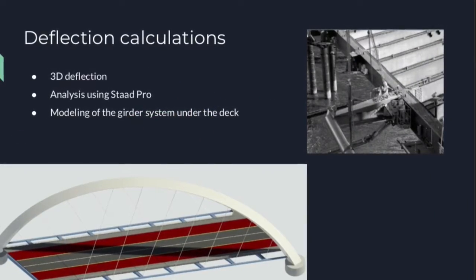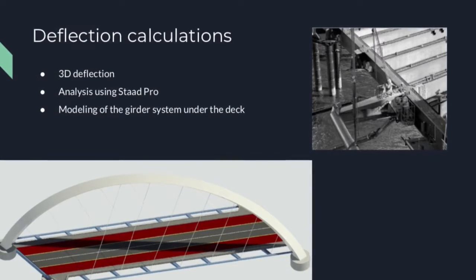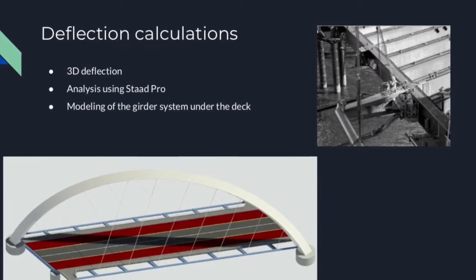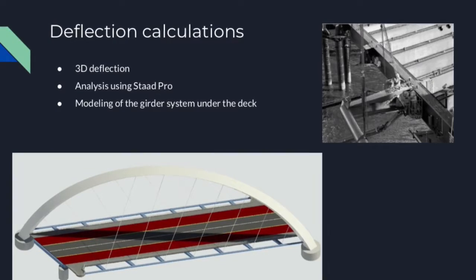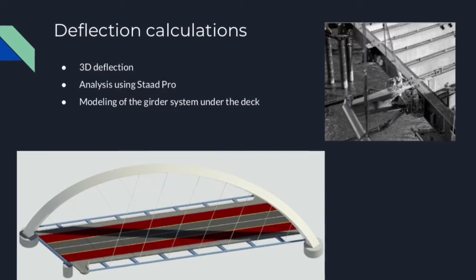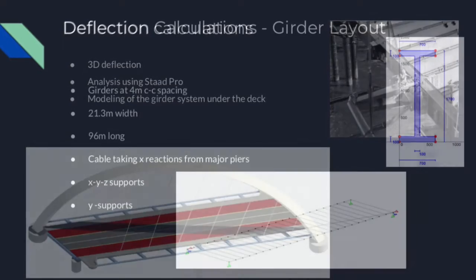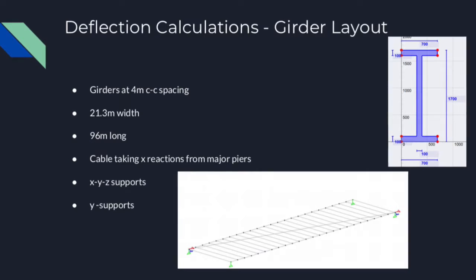The deflections we expected to see occurred downwards along the deck as well as diagonally between the major piers. Because of this 3D deflection, we cannot calculate our deflection in 2 dimensions as a beam. Thus, we had to use STAAD Pro for our deflection calculations. In STAAD Pro, we first modeled the girder system underneath the deck.